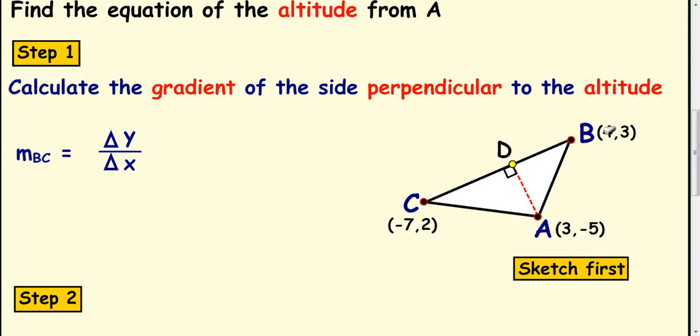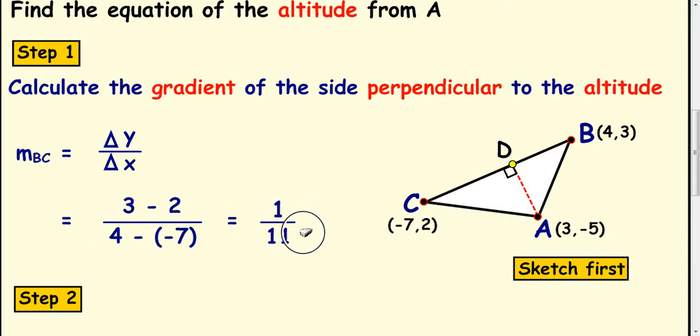We're using these points here. So that's going to be 3 take away 2 over 4 take away -7, which gives you 1 over 11. So that's me got the gradient of this line here. I'm not interested fully in that, but I need that to get the gradient of DA.